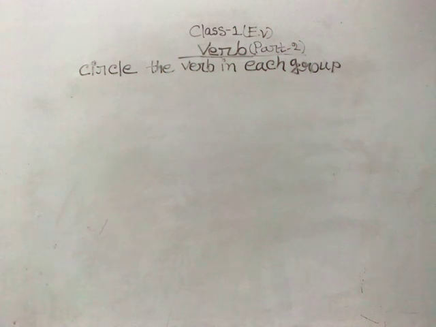Among all of these words, you need to find the correct verb, and after finding it, you need to make a circle, a round shape, over the correct verb. Okay, babies? So let's get started. Let us see which groups of words are given below.